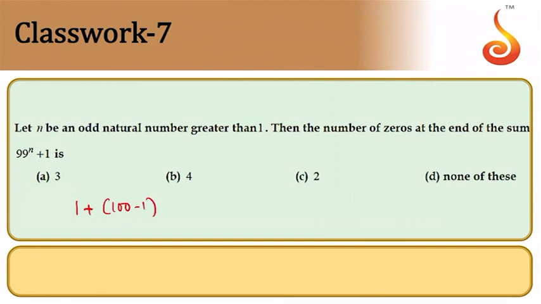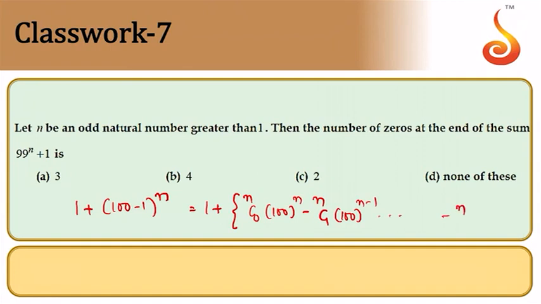Example 7. If n is an odd natural number greater than 1, then find the number of zeros at the end of the sum of 99 to the power n. So 99 can be written as 100 minus 1 to the power n.